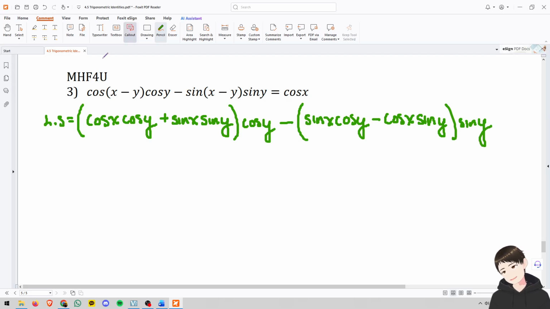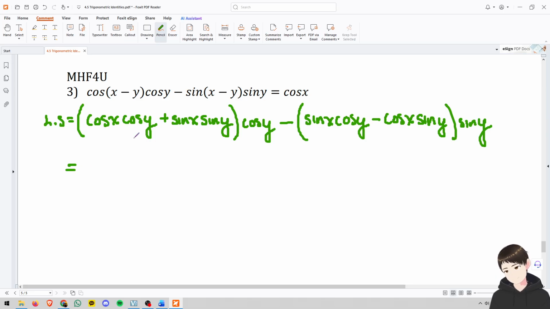I forgot to mention the reason why I started with the left side is clearly there is much more stuff to work with. It's a lot messier than just cos x. If I want to turn this into something that's sine, I have to start adding things I don't know exist. I don't want to do that.